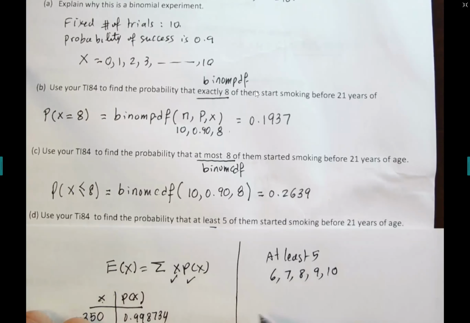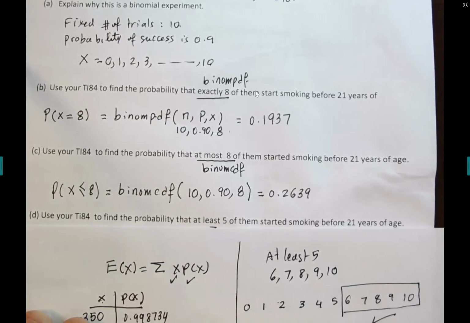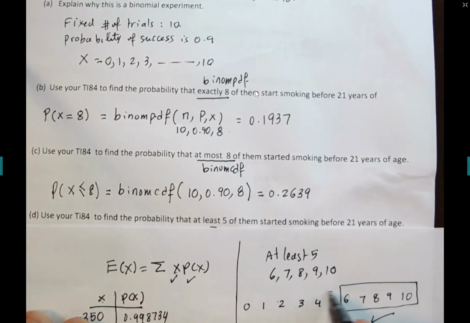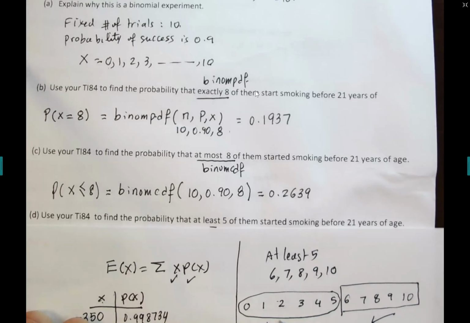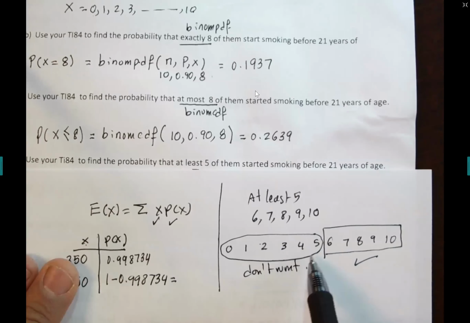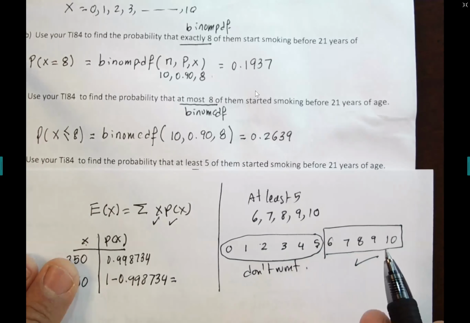Okay, write from 0 to 10. That's what he wants. We want this. This we don't want. But guys, we can find the probability of X at most 5. 5 and below, we can do it because the technology allows us with the binomial CDF.